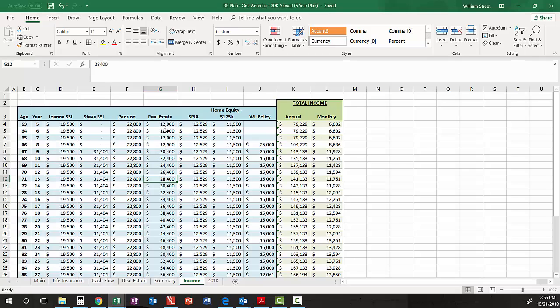You can reroute. The income served its purpose in the short term because we really needed that income to get us through. But once we're through and we've got this source of income in, maybe now we reroute this real estate income back to the policy to pay back that loan balance. We can. And if we did that over about a 5-year window of time, we'd have our policy loan balance completely repaid.